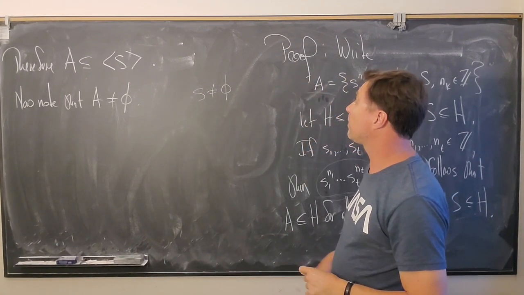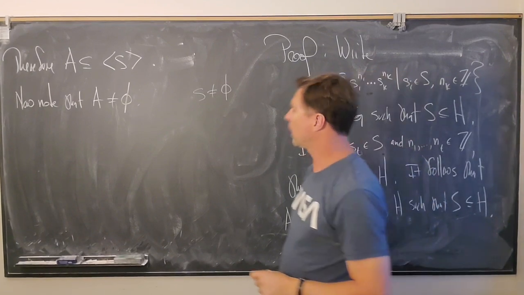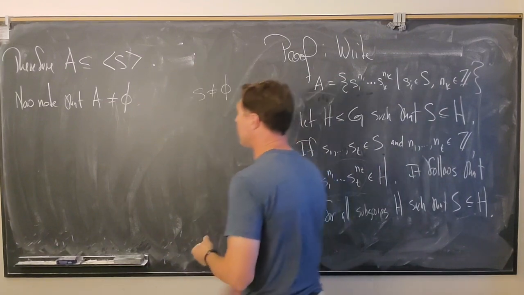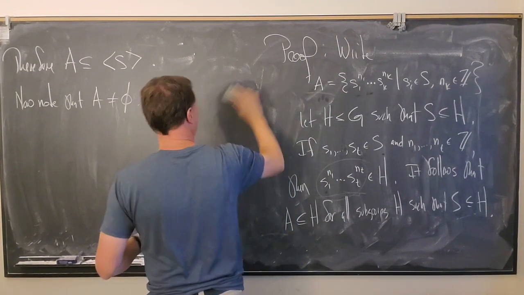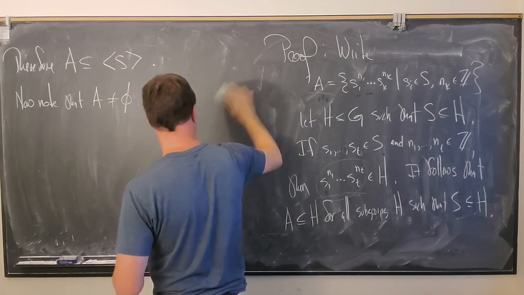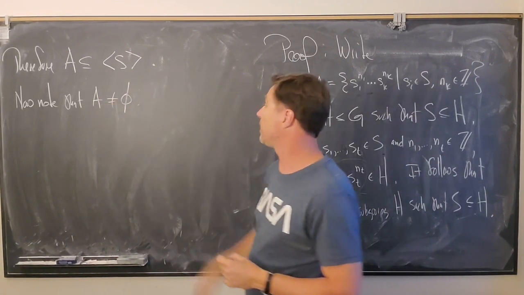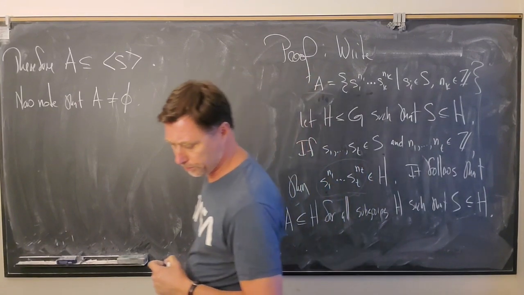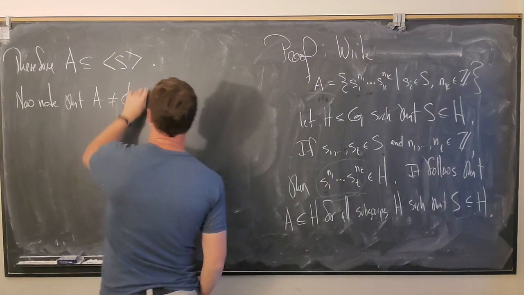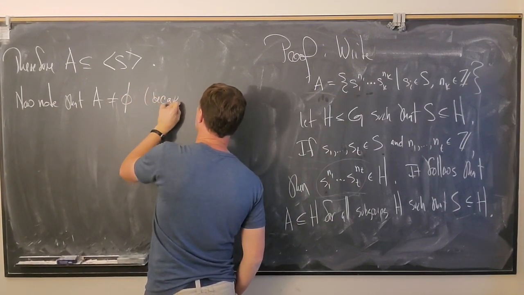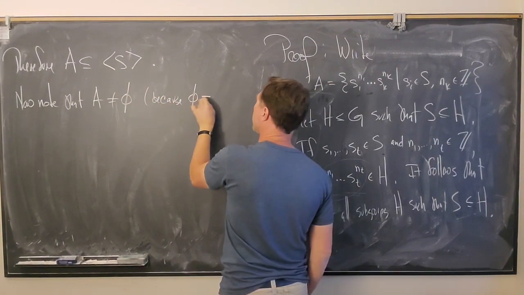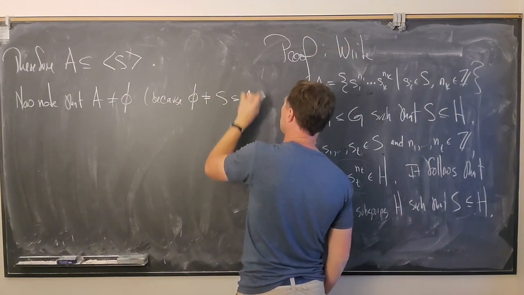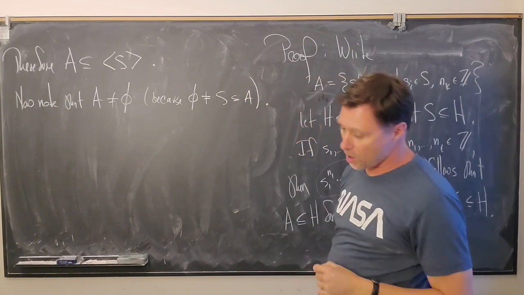So what did I say here? Oh, right. S is a subset of A. And so that tells us then that A is not empty, because we know S is not empty. I guess I should say a reason. So here, because S is a non-empty set, S is contained in A.